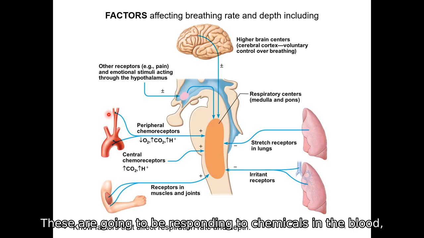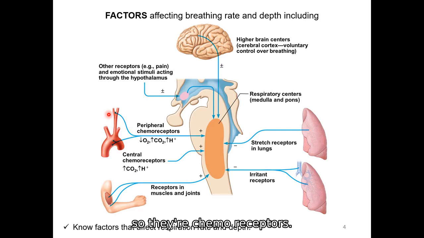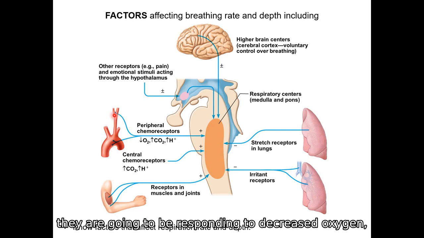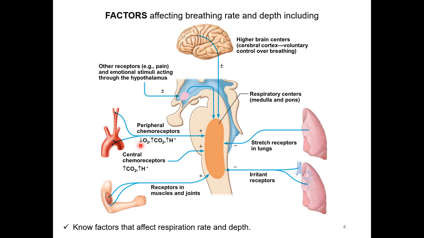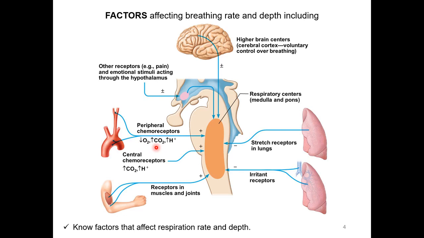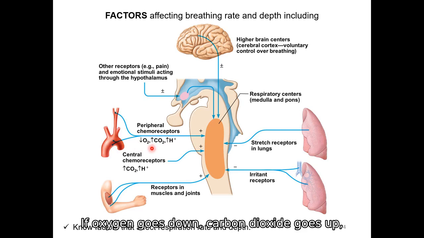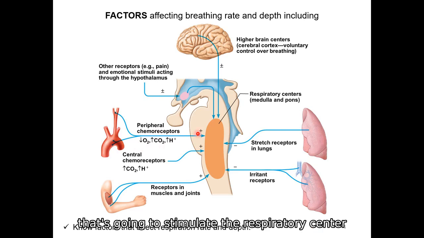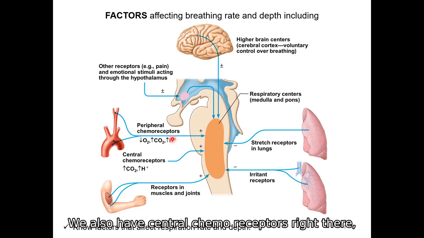And these are going to be responding to chemicals in the blood, so they're chemoreceptors. And the peripheral chemoreceptors are going to be responding to decreased oxygen, right? Because we need oxygen to make ATP. Increased carbon dioxide, and we know that whenever there's more carbon dioxide, we have an increase in acid. Okay, so if oxygen goes down, carbon dioxide goes up, and acid goes up, that's going to stimulate the respiratory center to increase rate and depth of breathing.